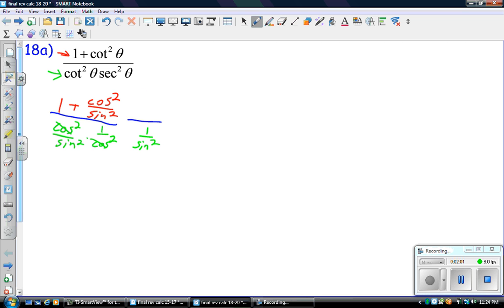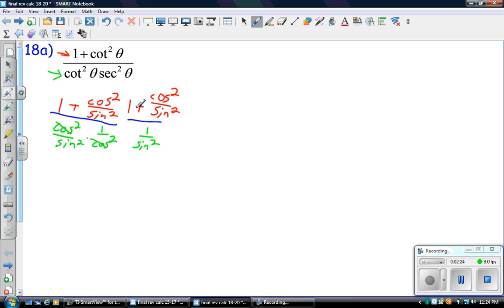over this numerator. Actually, let's go back to red. So again, numerator is still just 1 plus cosine squared over sine squared. Now you have a couple options here.